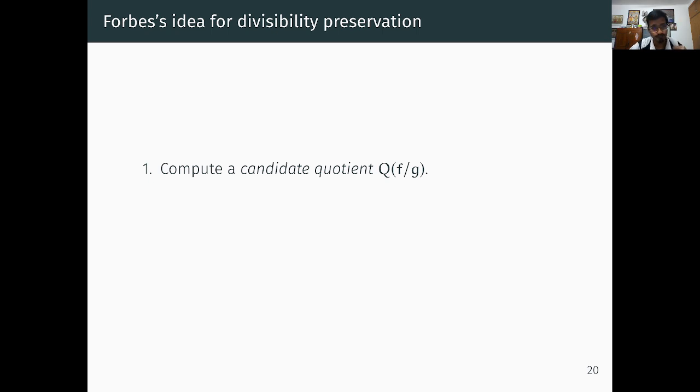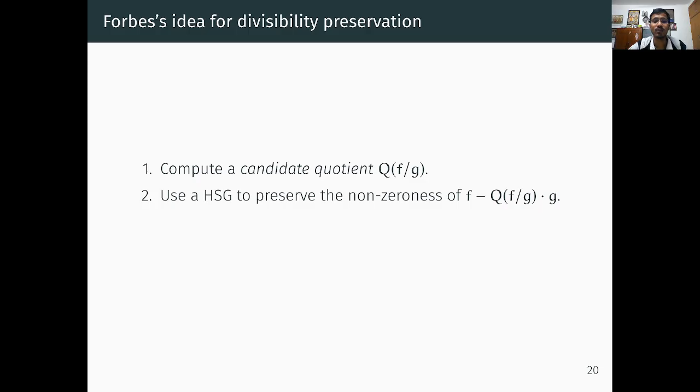And the way FOCS did this is by computing a candidate quotient, and once you have a candidate quotient, you can look at the remainder F minus the quotient times G, and then use a hitting set generator to preserve the non-zeroness of this term.